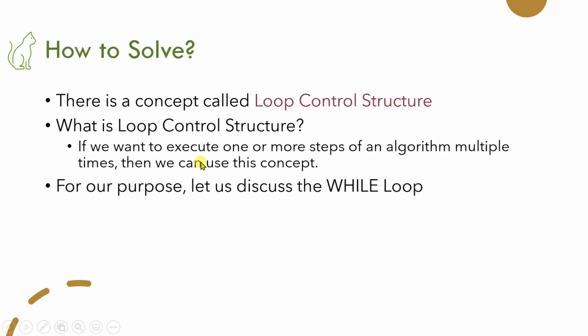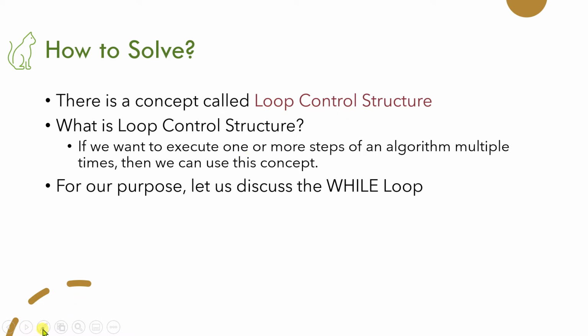The second approach to solve this problem is using the concept of loop control structure. What do we mean by loop control structure? It says that if you have one or more lines and you want to execute those lines multiple times, then you can use the concept called loop control structure.